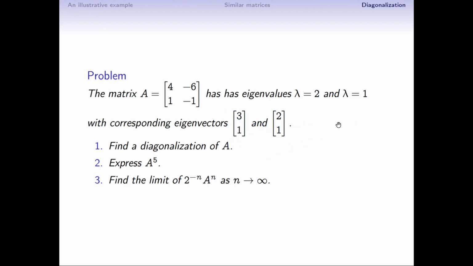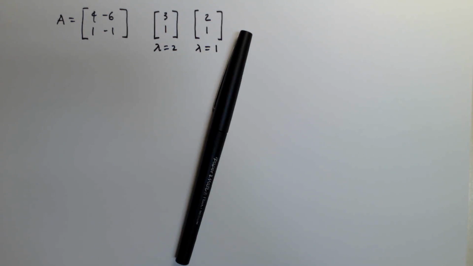So step 1, find a diagonalization of the matrix A. Step 2, express A to the 5th, and in doing this, we're going to use the diagonalization to help us find a simple way to express A to the power of 5. And then in part 3, we want to find the limit of 2 to the minus n times the matrix A to the power of n as n goes to infinity. So join me at the document camera for the solution to this problem. All right, welcome to the document camera.